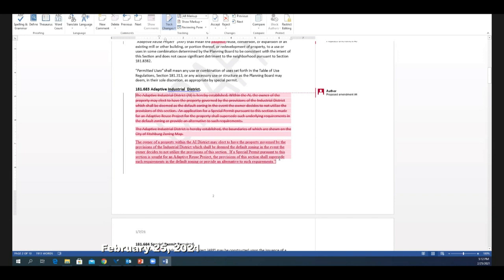What it states exactly is that a property can either elect to choose to become an AI property and take advantage of the special permit flexibility, or it can remain utilizing its existing industrial rights. All right, any questions on this section? Oh, 1 second.